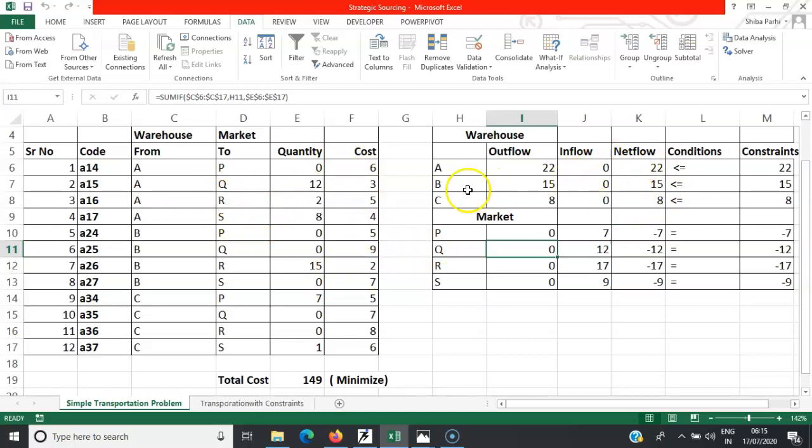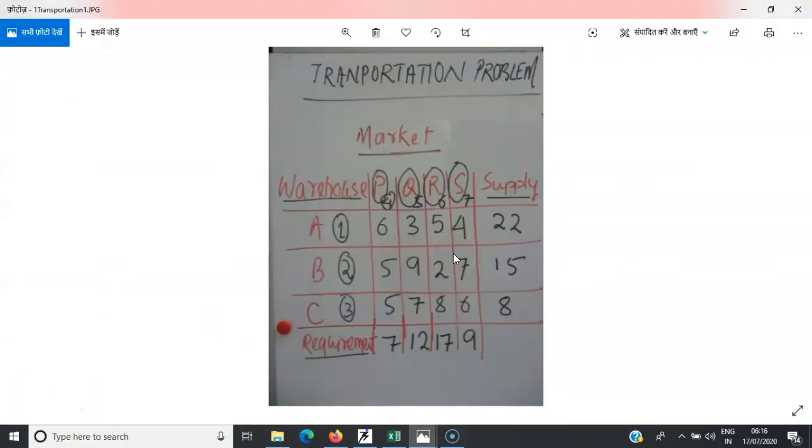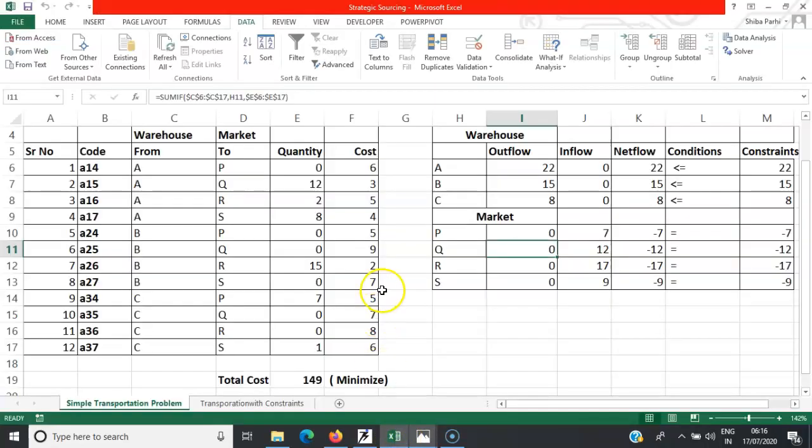If you look here, A is supplying max 22, B 15 and 8, and the markets are also fulfilled, so all constraints are satisfied. This is the way we can solve this problem. We got the total quantity that we should supply, and this is the final solution for our problem. I hope all of us understood how we can go about this solution.